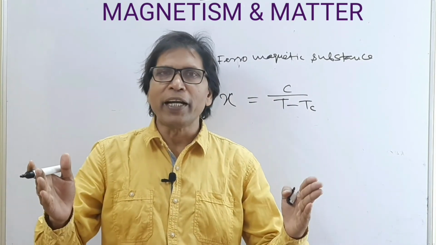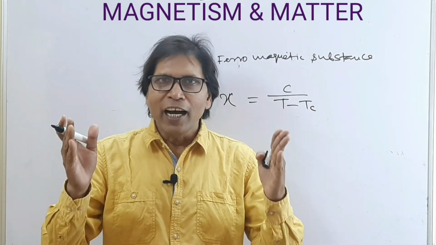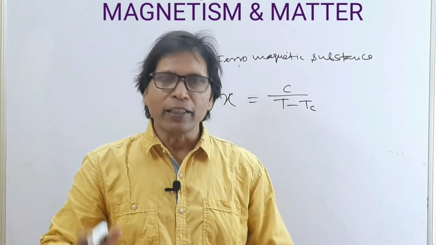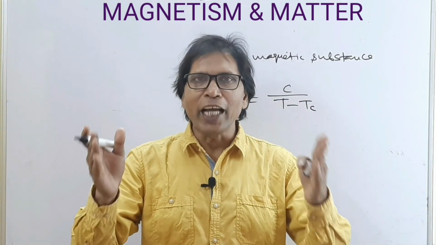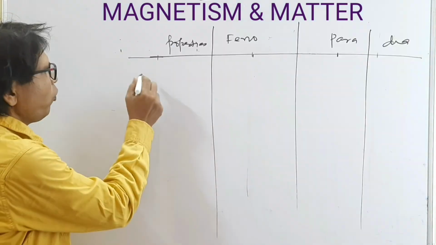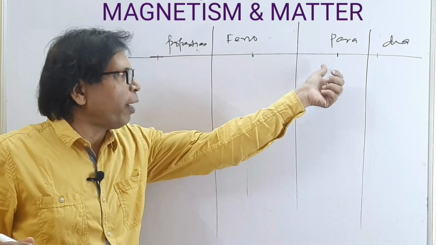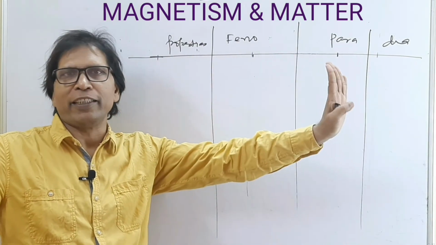The Curie temperature of iron is 1043 Kelvin and for cobalt it is 1394 Kelvin. Okay. Now comparison between ferromagnetic, paramagnetic and diamagnetic material.